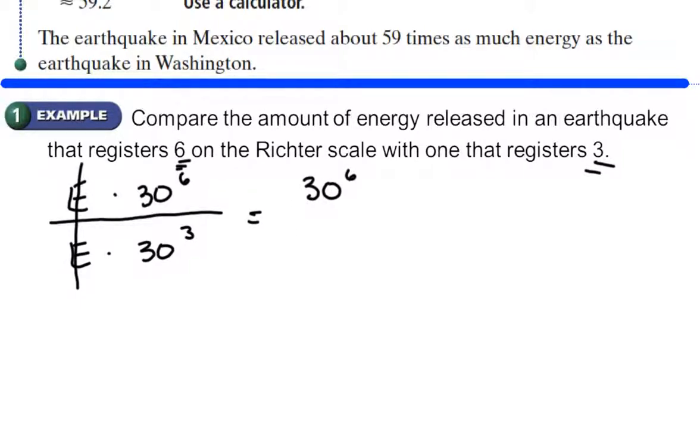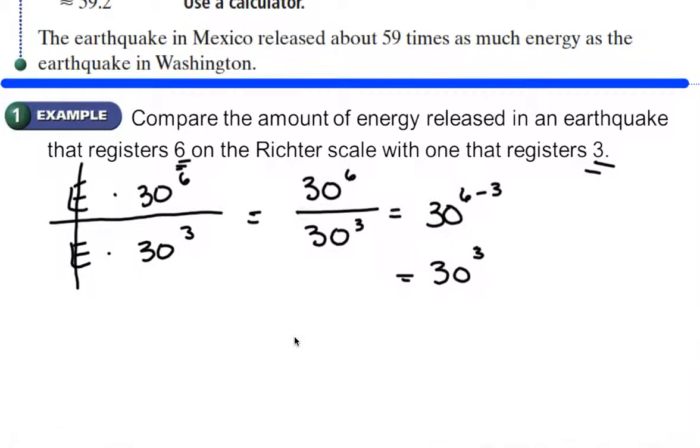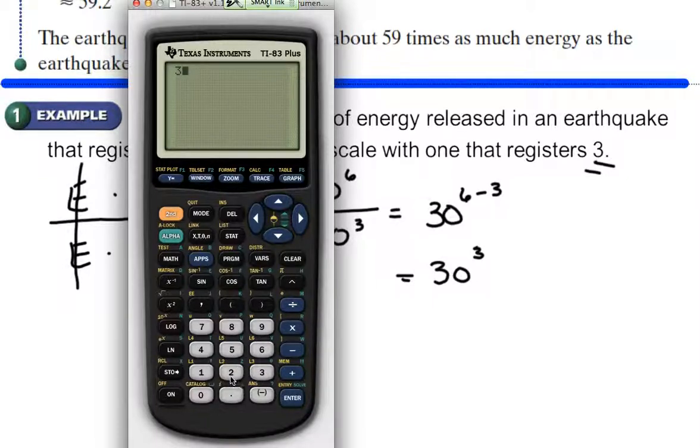All right, now the E's cancel out, and we have 30 to the 6th power over 30 to the 3rd power. Same base, so we keep the base and we subtract the powers. This gives us 30 to the 3rd power, which is going to be 27. Oh, heavens, I don't want to mess it up and make a fool of myself. 30 raised to the 3rd power is 27,000.